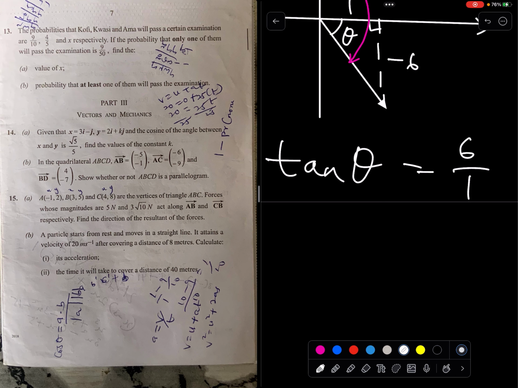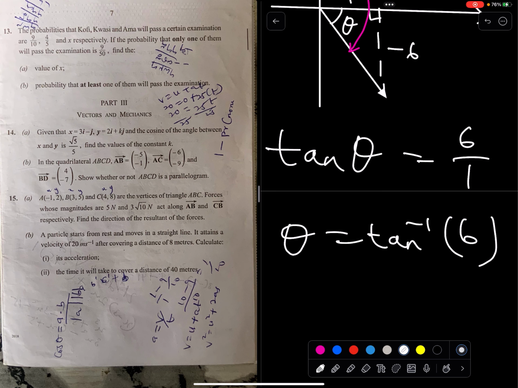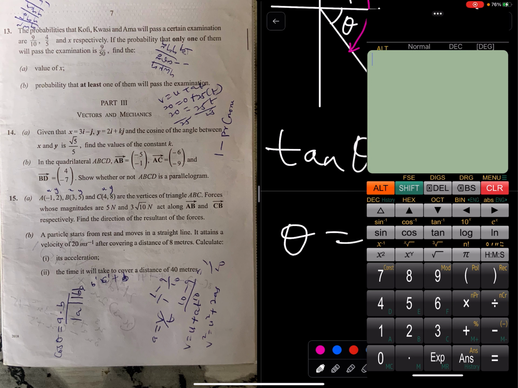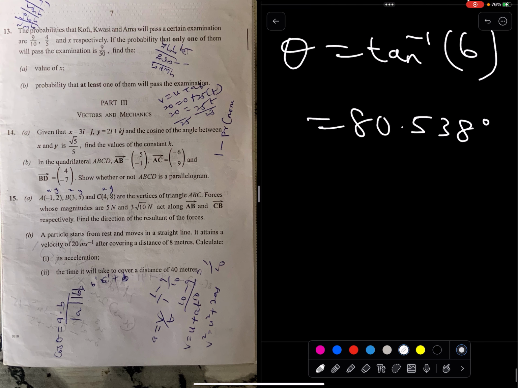Now, that simply means theta itself will be the tan inverse of 6. Let's check that. What's the tan inverse of 6? That's 80.538 degrees.